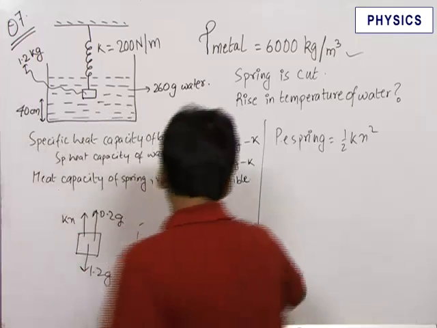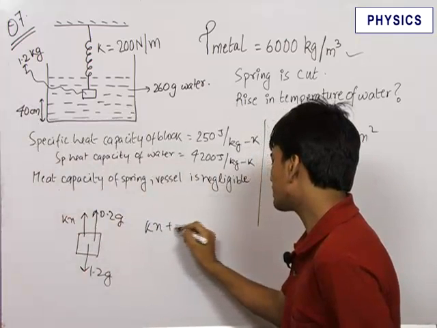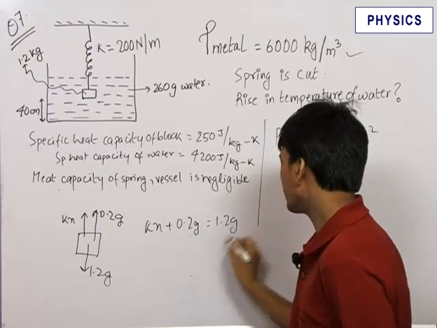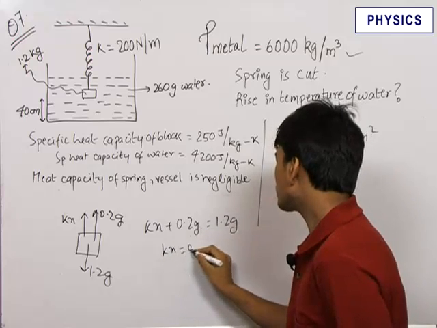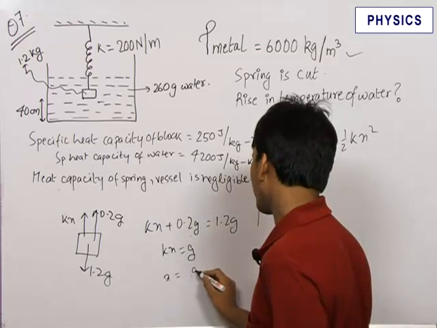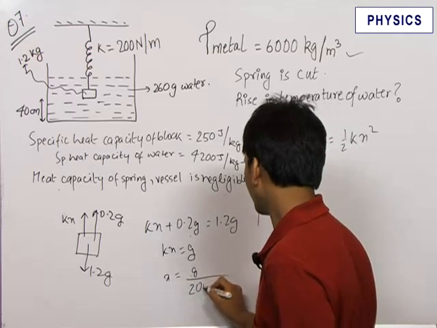Therefore what we can write now is that kx plus 0.2 g is equal to 1.2 g. Therefore kx is equal to g. Now from this we get x is equal to g upon k, that is g upon 200.